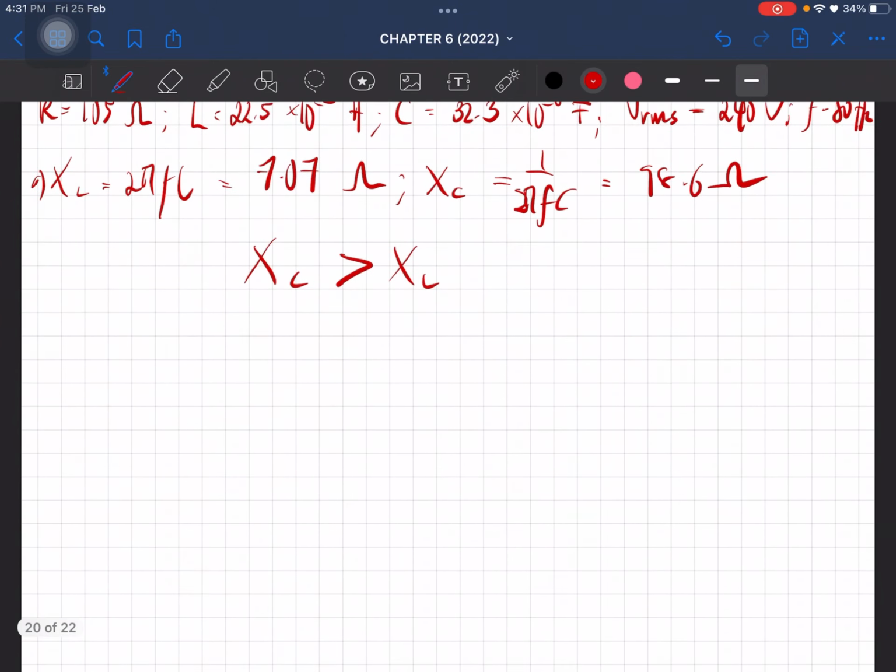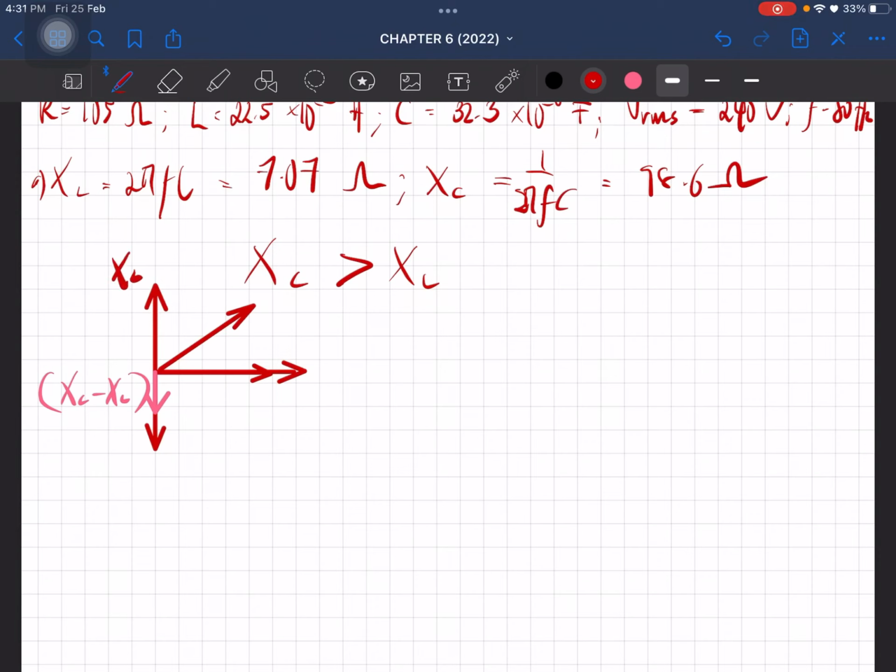So we have this, then we have another one, then we have this one, which will be pointing downwards because the capacitive reactance is greater than the inductive reactance.